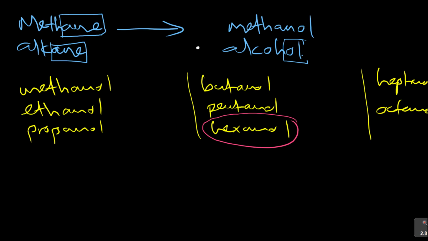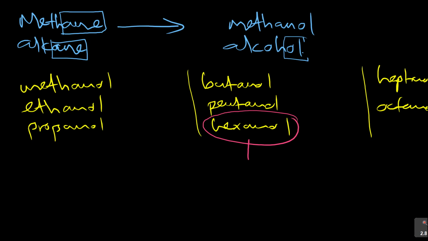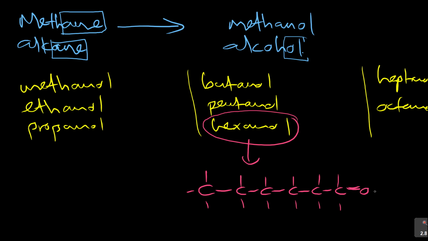With hexanol, it's 6 carbons: 1, 2, 3, 4, 5, 6. Then you have got your hydrogens here. Then the last part is your OH. So that's how you draw hexanol.